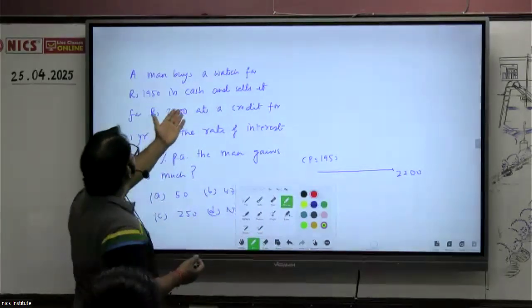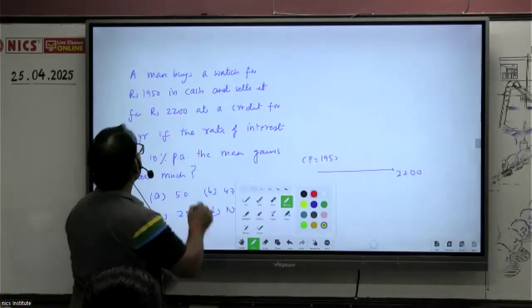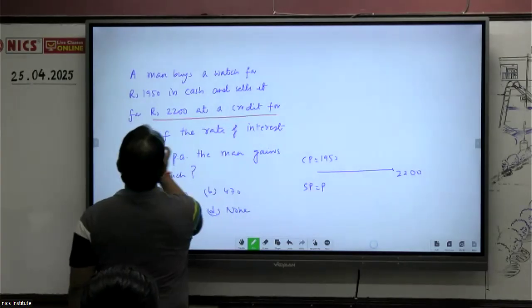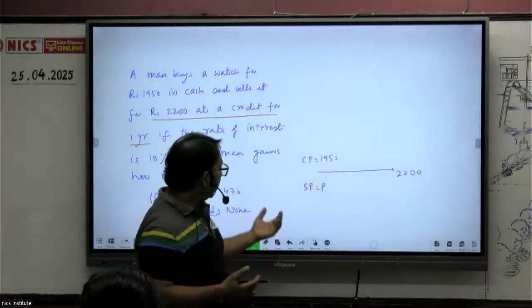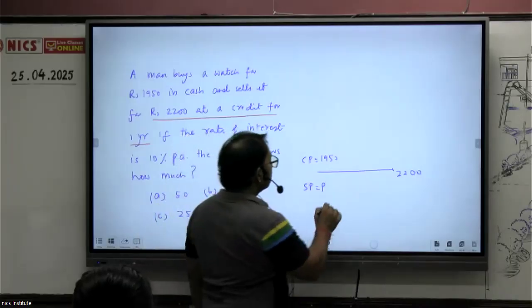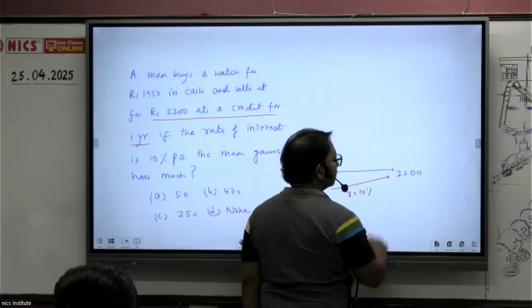He sells it for 2200 rupees on credit for 1 year. That is, after 1 year he'll be getting 2200. So principal you can take as P today. It becomes 2200 after 1 year at a rate of interest of 10%.